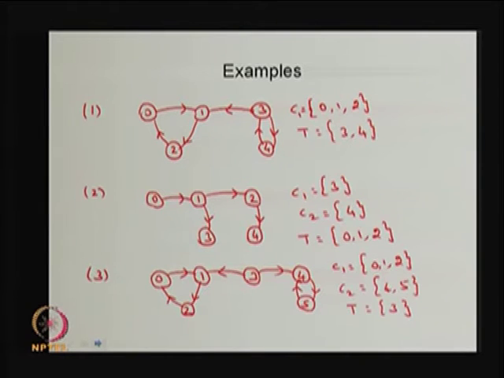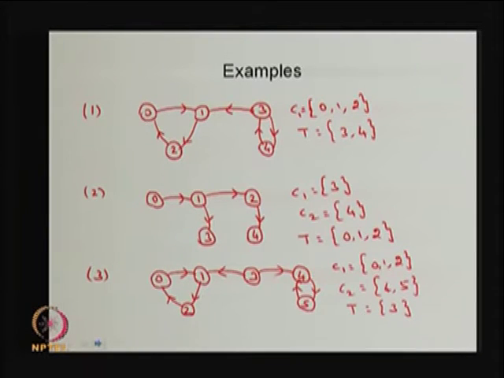You cannot include state 1 along with 3, or state 2 along with 4, to create a closed communicating class. Therefore, states 3 and 4 each form a closed communicating class with a single state, and these two states are absorbing states also. So, this is also a reducible Markov chain.